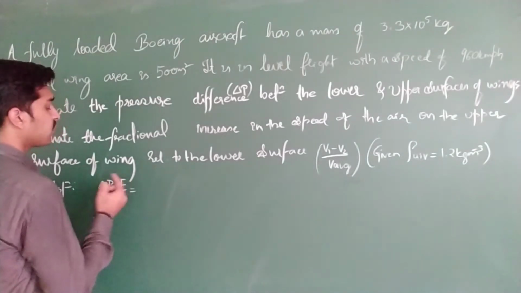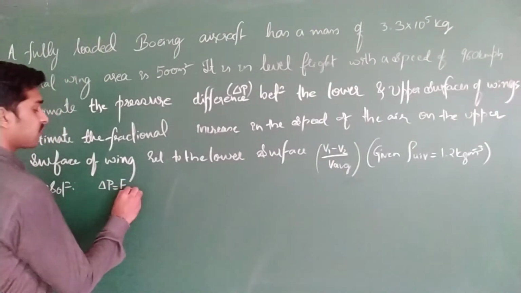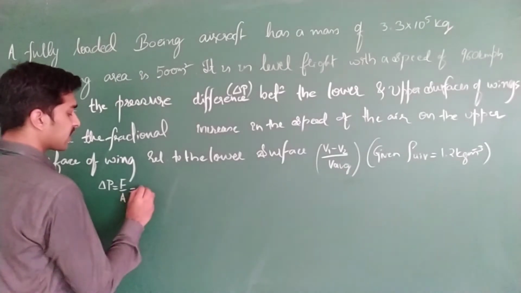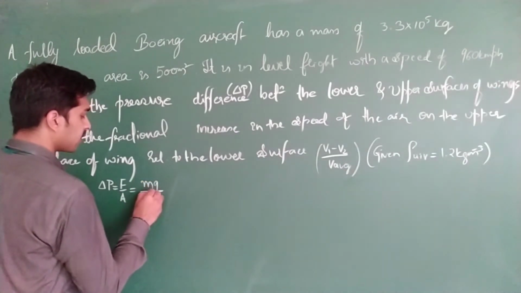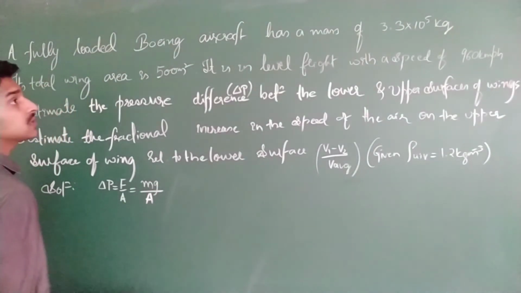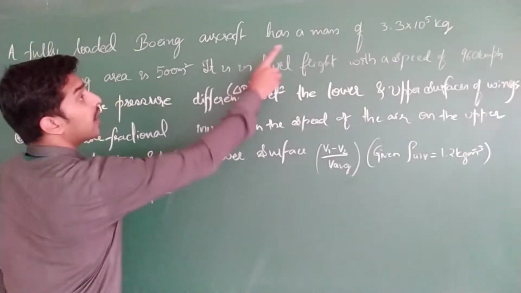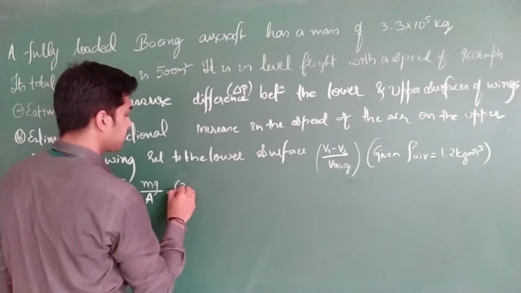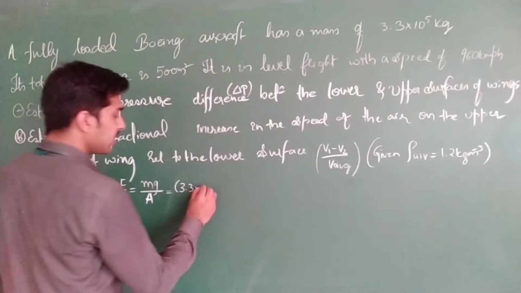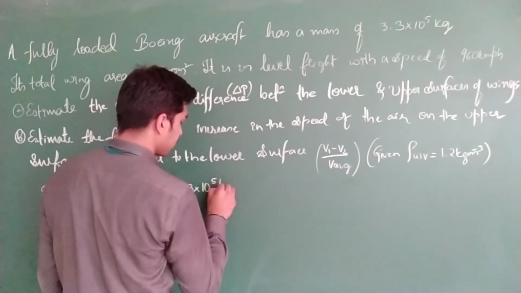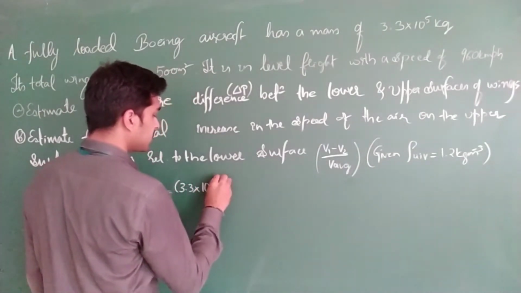In case of F, the force acting on that is basically the weight of the aircraft, that is mg divided by A. Mass, check whether they are given or not. It has a mass of 3.3 into 10 to the power of 5 kg. Units I won't mention, it is in kg.